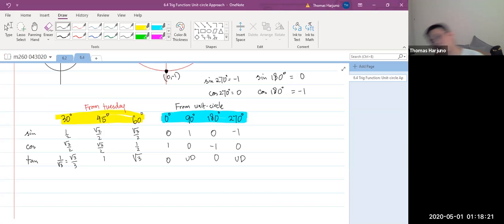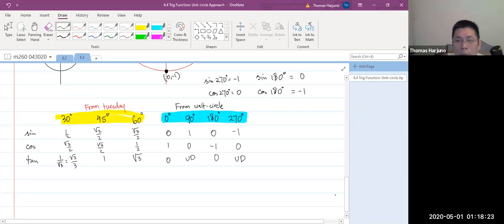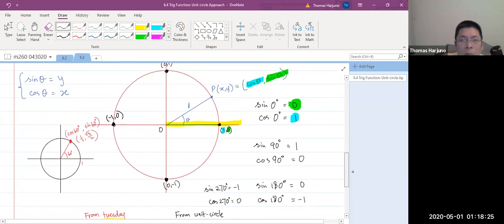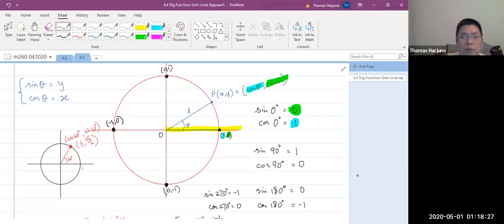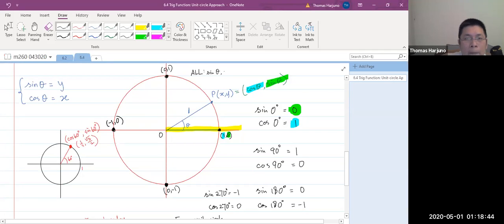Now next. From this unit circle approach, we also realize something very important, which you already know from the past. In the first quadrant, all of sine, which is the y, cosine, which is the x, and tangent, which is the quotient, are positive.